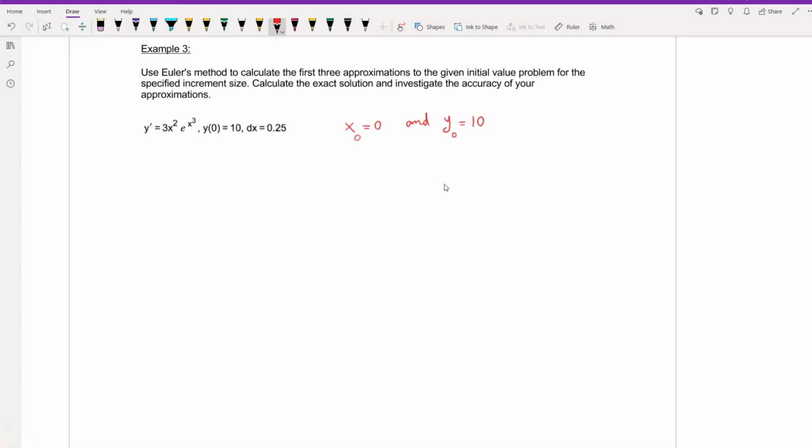So what is given on this part, we have x sub 0 is equal to 0 and y sub 0 is 10. Now evaluate f of x comma y, which is equal to dy over dx. So dy over dx is equal to f of x comma y. Evaluate this for x sub 0 equal to 0 and y sub 0 equal to 10.